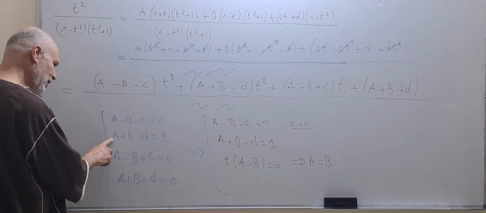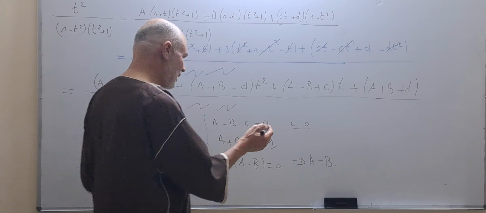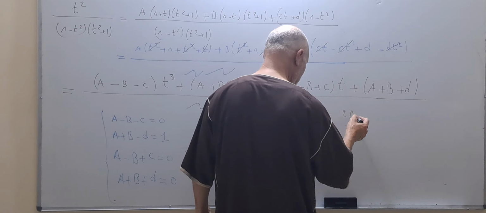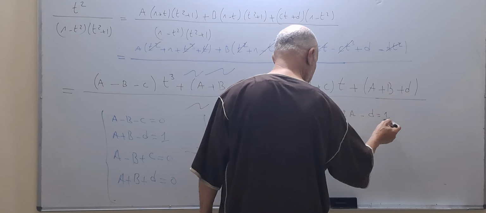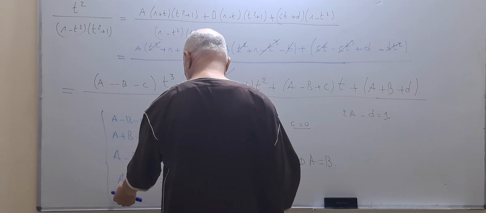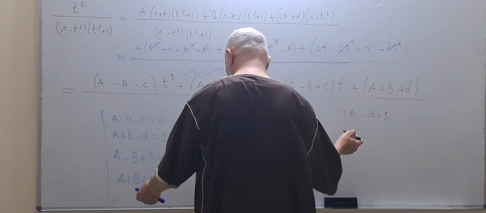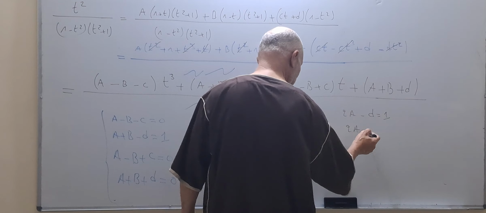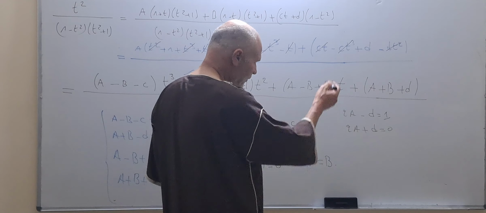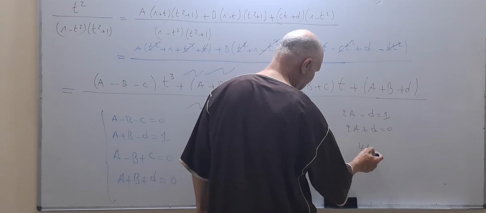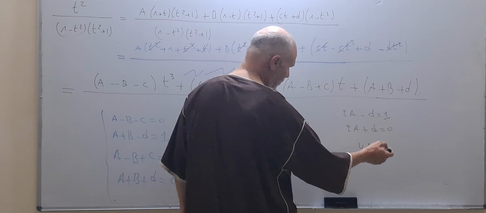So here we have 2A minus D equal 1, and we have 2A plus D equal to 0. If we take the sum, we get 4A equal to 1.